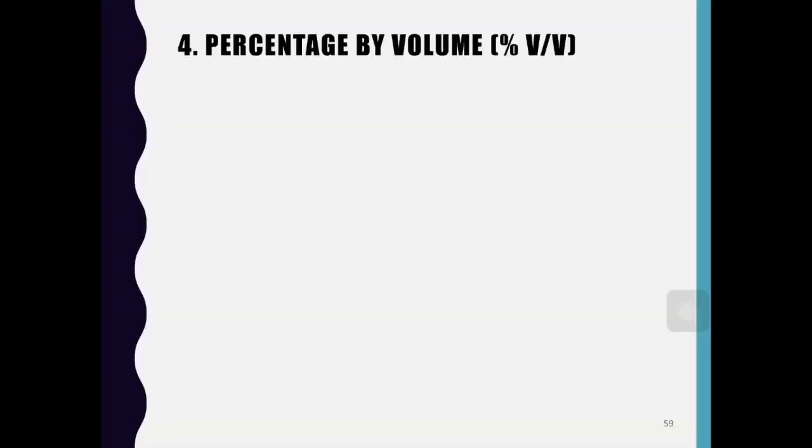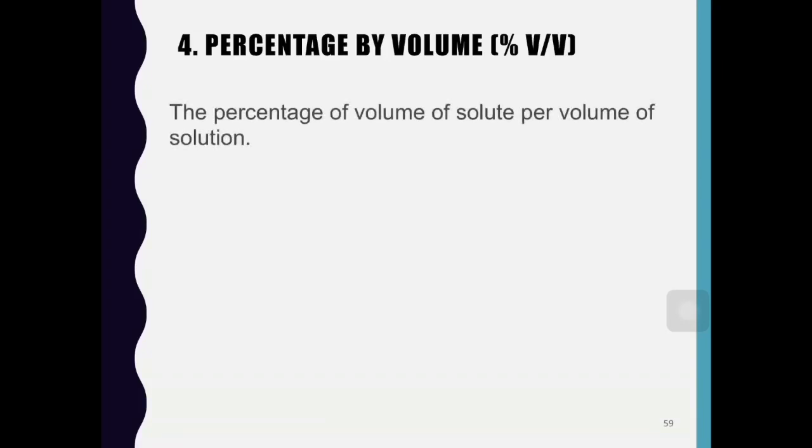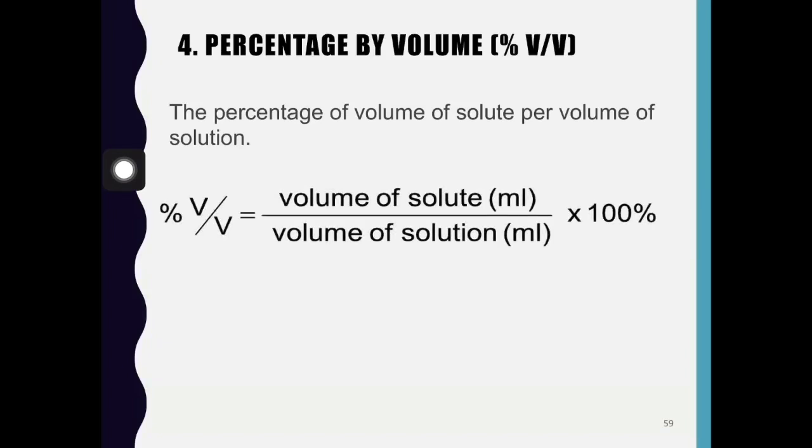Now let's learn how to calculate percentage by volume. Percentage by volume is the percentage of volume of solute per volume of solution. The formula is volume of solute over the volume of solution, times 100.